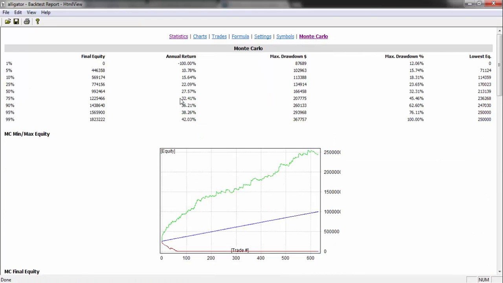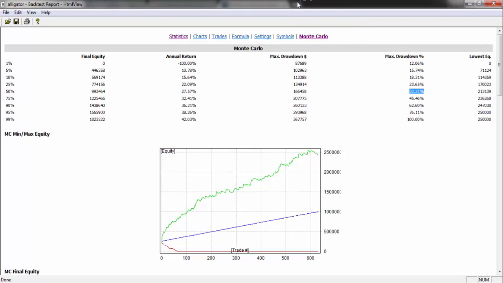So there's a little more than 1% chance that our equity would be totally wiped out. And at 50%, we are going to be having a CAGR of 27.57, close to what our model was giving, and a maximum drawdown of 32.31.